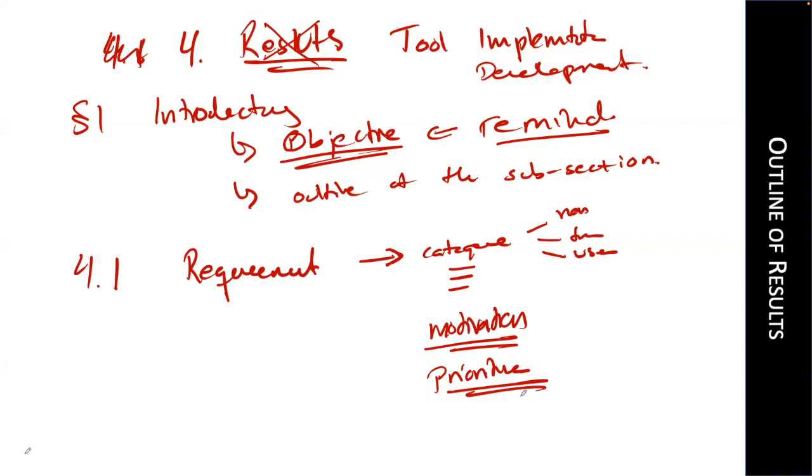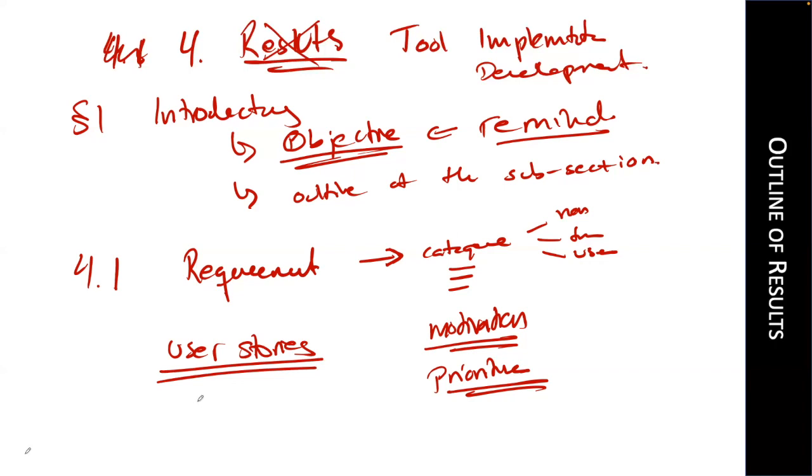So you need a clear prioritization as to why you chose certain requirements. And bear in mind that in the method section, you defined how you're going to work with requirements. Most often, you're doing user stories. So then here you have to present the user stories.